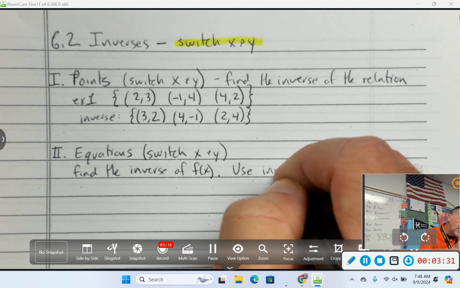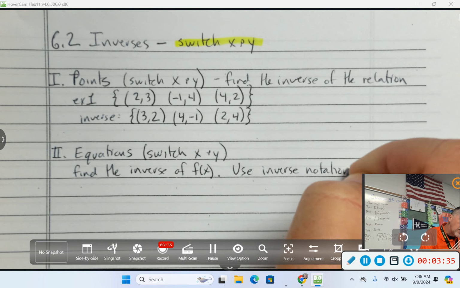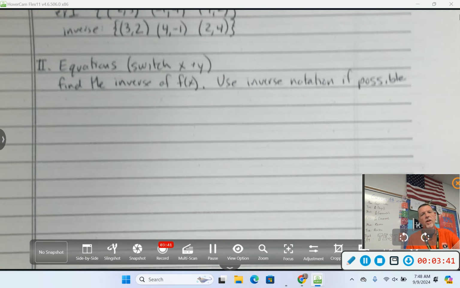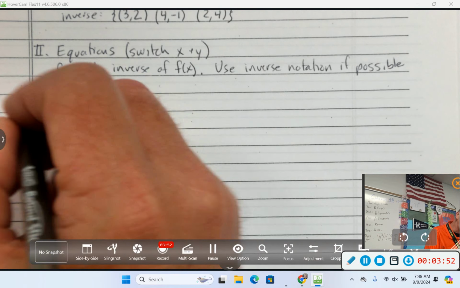So we'll start with a function. And then use inverse notation if possible. Okay, well, we may not even know what inverse notation is yet, so we'll get there in a minute. Find the inverse of f of x, meaning switch x and y. Use inverse notation if possible.